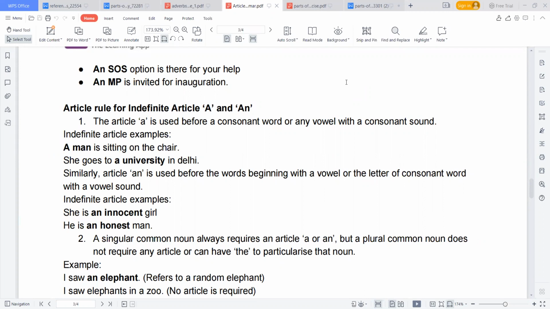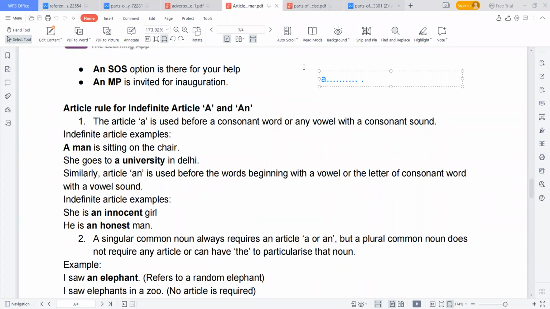If we have a blank and after that a full stop, that means we are not having a noun, and priority will always be given to nouns. So a noun will come here. A man, a book, anything can come.